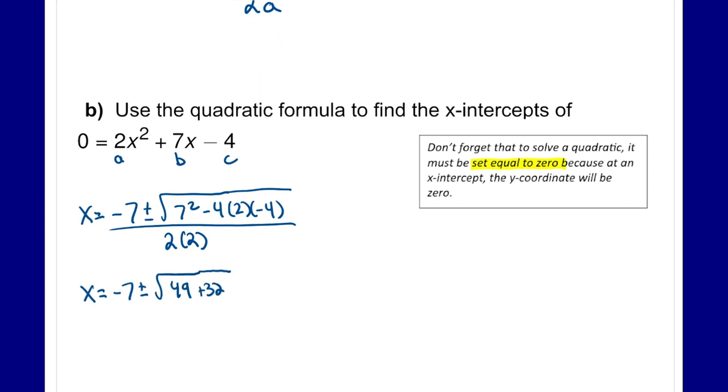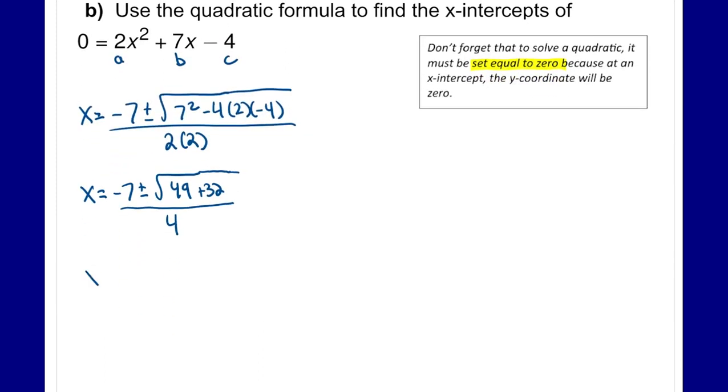So in this case, I included the negative with the 4 at the beginning here, and when I multiplied it through, I just took whatever my answer was and then added or subtracted it to the 49, depending on what the sign was. In this case, it was a positive, so it was plus 32, divided by 4.